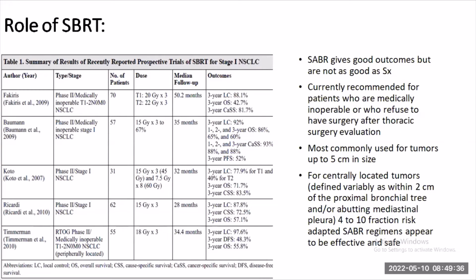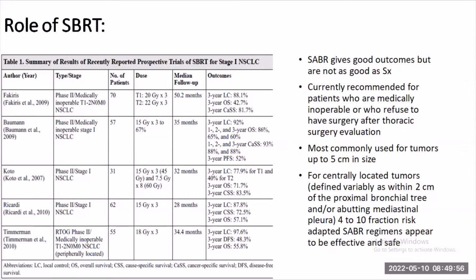Is there any role of SBRT? SBRT currently has not been tried in any phase 3 trial, but there are multiple phase 2 trials which have suggested that use of SBRT can give 3-year local control from around 88% to 98%.